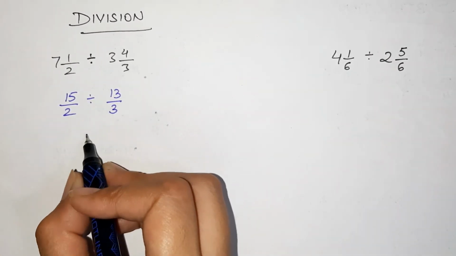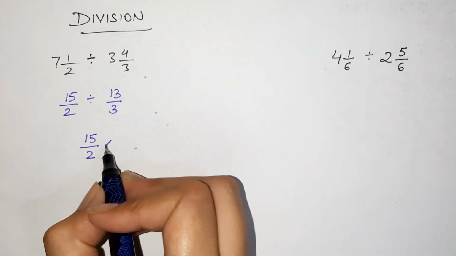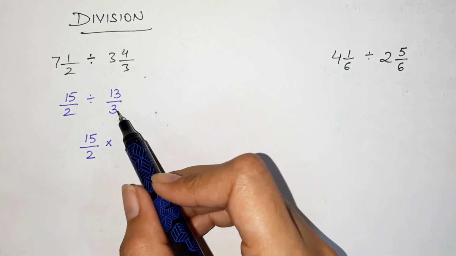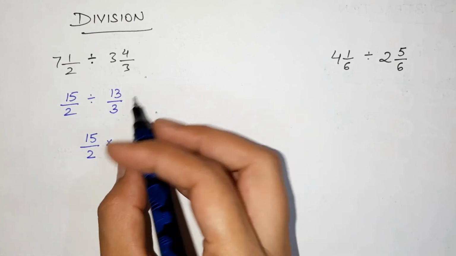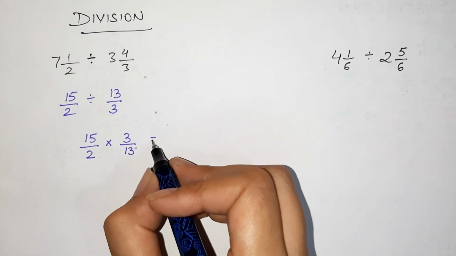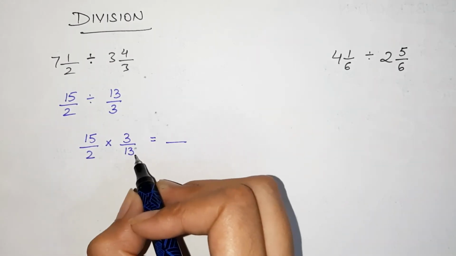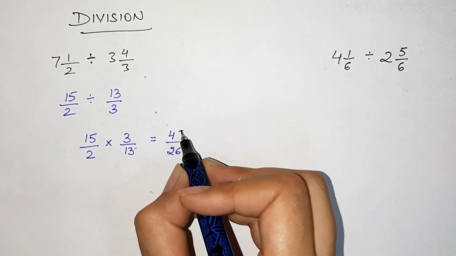So we will change this sign to multiplication, but we have to make the changes here. The numerator becomes the denominator and the denominator becomes the numerator. So 3 by 13. Now we will just have to multiply it. 2 13s are 26, 15 3s are 45.